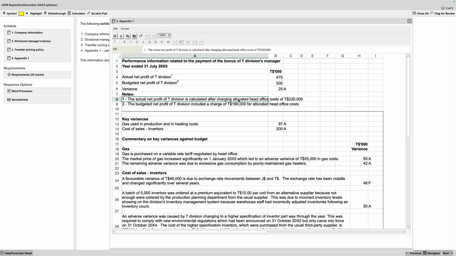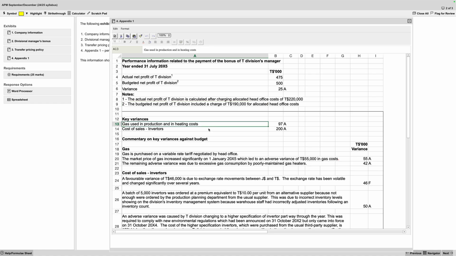The actual net profit of D is calculated after charging allocated head office costs. Well, you've been allocated them, so it's outside of your control. So you can mention that. And the budgeted net profit, so the actual was 220 and the budgeted was 190. Okay, so you've been given an extra 30 allocation, which is outside of your control.